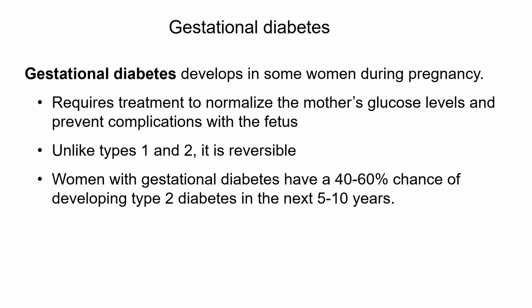So gestational diabetes is reversible. It tends to end as soon as the pregnancy is over. Her body goes back to being able to adequately control her blood glucose. However, in women who have gestational diabetes, they have a much higher chance, a 40 to 60% chance of developing type 2 diabetes over the next several years.